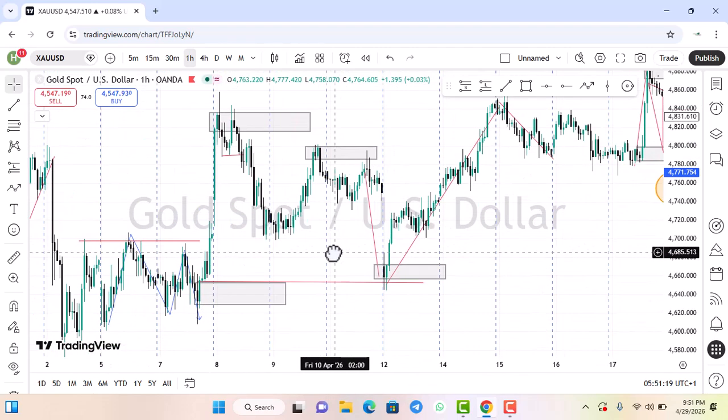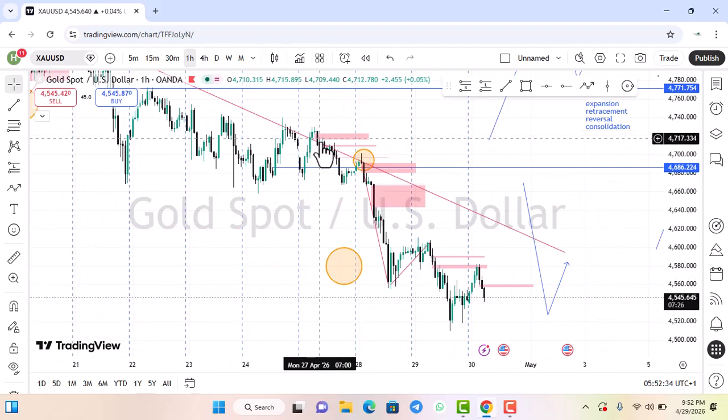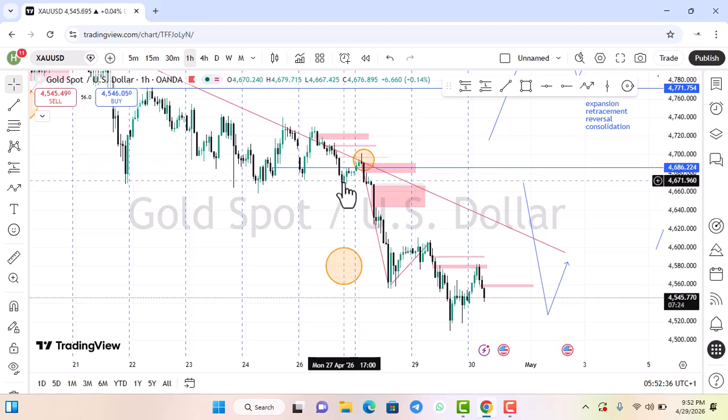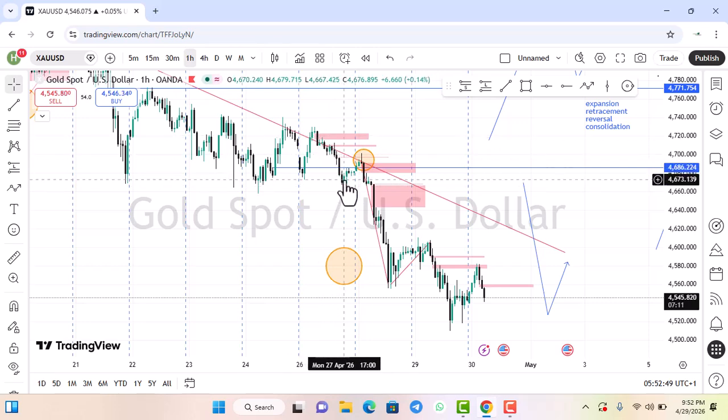So let me give you another example so that you can understand. You see this point here, price came down here, right? Then from this point, price started buying, started going up. So it created an order block here. Why? Because when price came down here, it started buying.